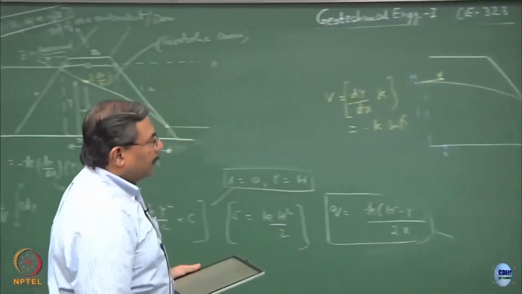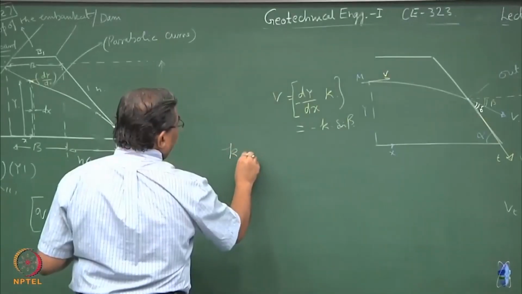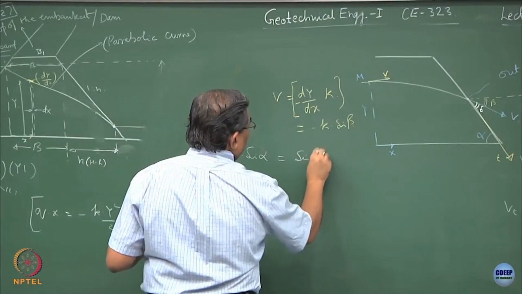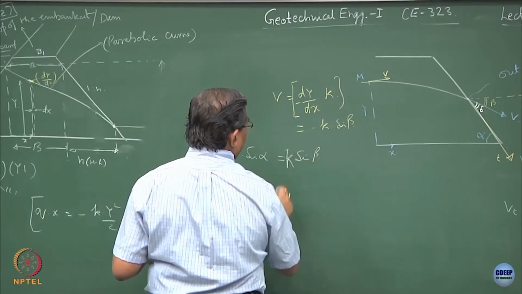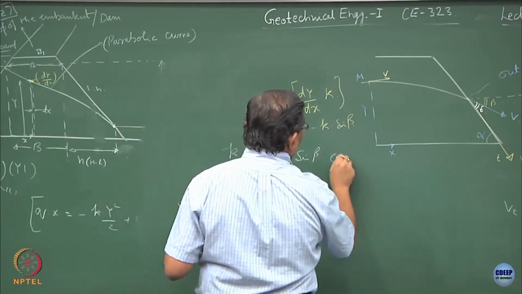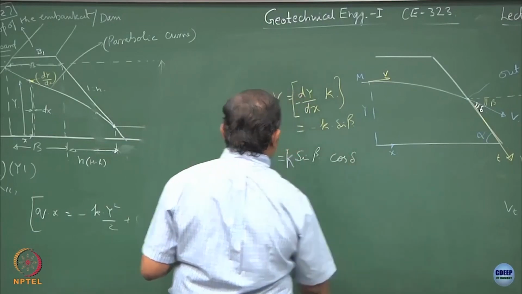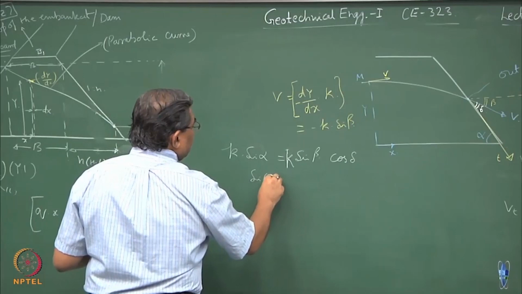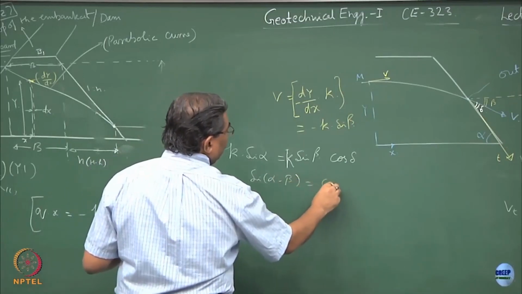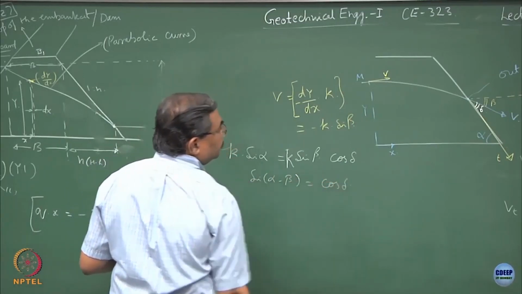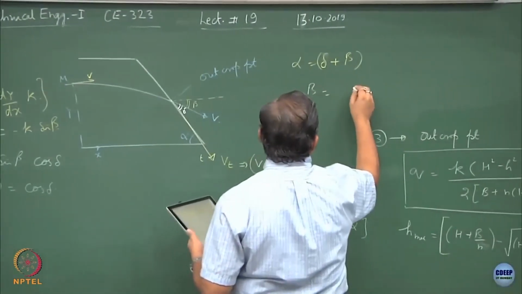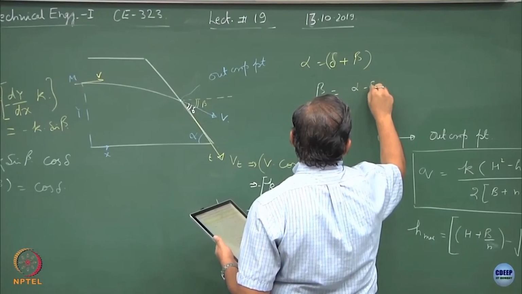So if I go for the equality of the two, k into sin alpha equal to sin beta k into cos of delta, where I can write sin alpha minus beta equal to cos delta, beta will be equal to alpha minus delta.